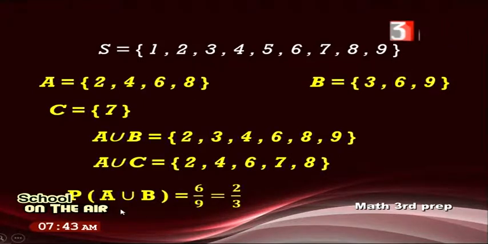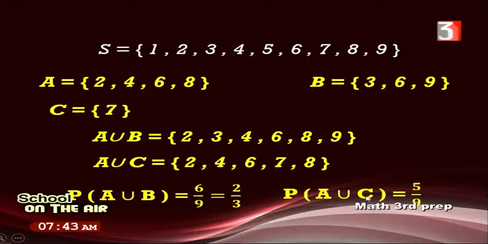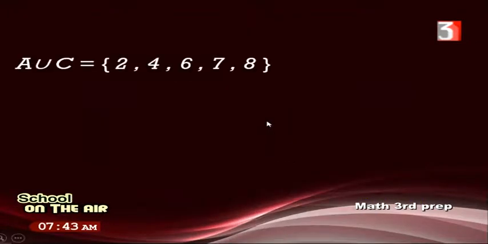To get the probability of A union B, we count the number of elements inside A union B, 1, 2, 3, 4, 5, 6, divided by the number of elements inside our sample space, 9. So 6 over 9 equals 2/3. And also to get P of A union C, we count how many elements inside A union C: 1, 2, 3, 4, 5. So P of A union C equals 5 over 9.